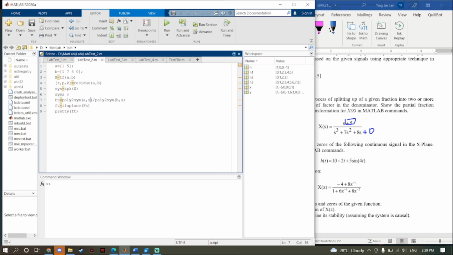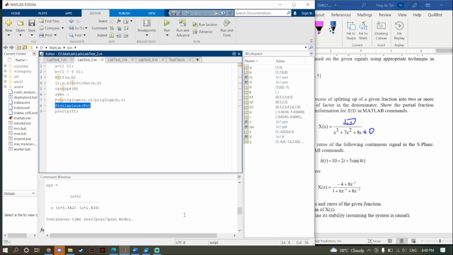The reason I use polysim is that I can reduce my work of typing out the equation. So poly to sim is AS, which means I sub this into here, which is the numerator, and this one is the denominator. I sub it in here, and then here's the command for the calculation, and we run it.